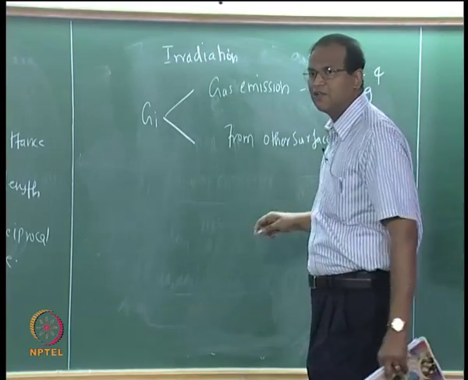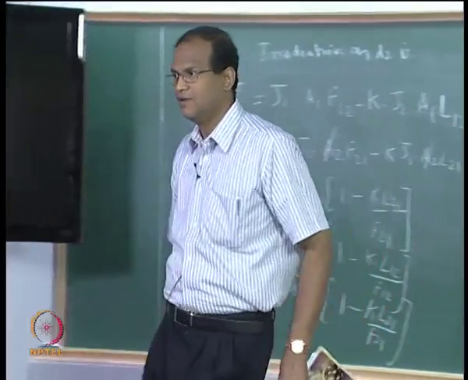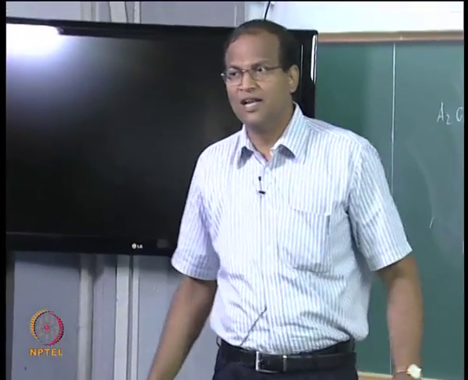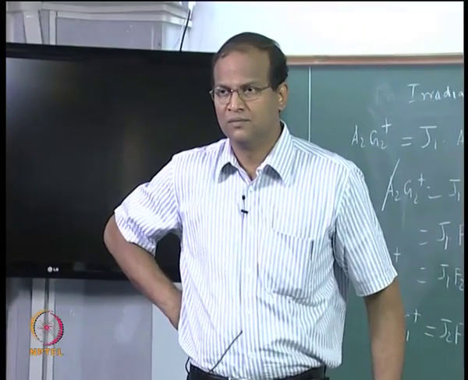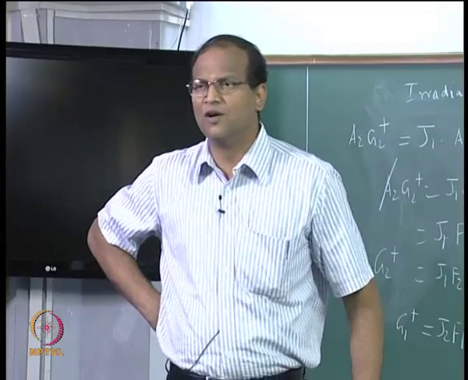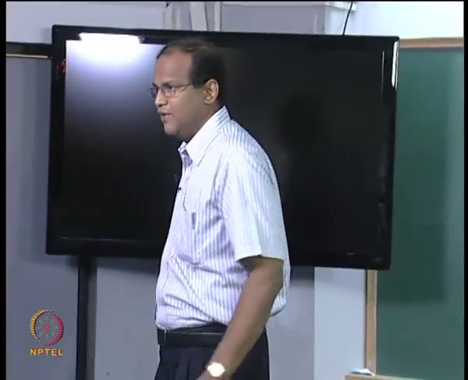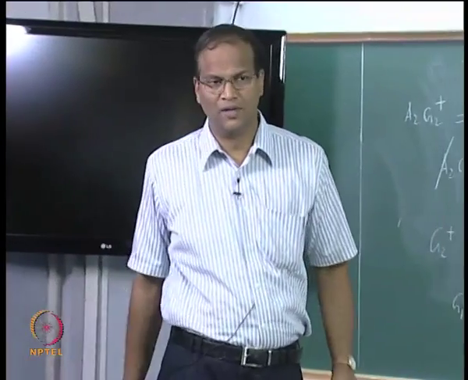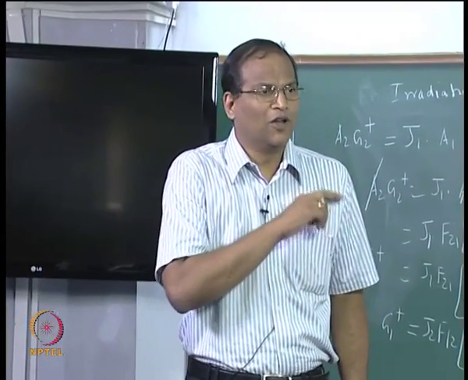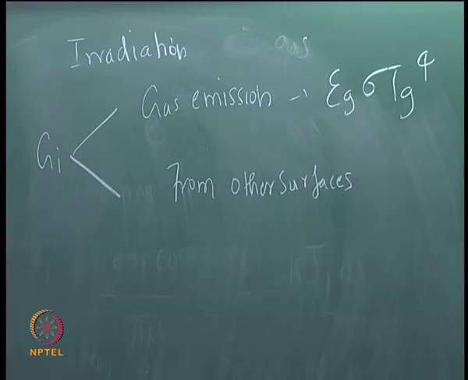How do you calculate epsilon g? From the mean beam length, correct. The starting point is the mean beam length. In fact, the tau will be 1 minus epsilon, and tau will be related in such a way that epsilon plus tau is 1, something you will get, right, fine. So, now you are able to calculate the gas emission, you are also able to calculate the irradiation from other sources.